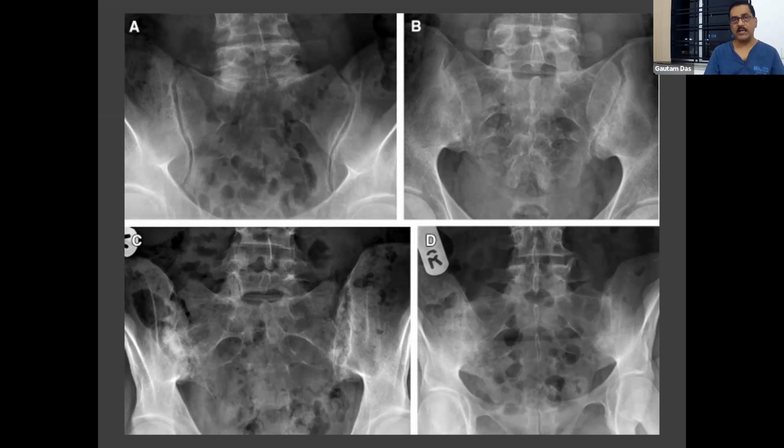That sacroiliitis may or may not be painful. But if sacroiliitis is there radiologically, that helps us in making the diagnosis of spondyloarthritis, because sacroiliitis is one of the very important features. But remember that sacroiliitis is not equal to a painful sacroiliac joint.